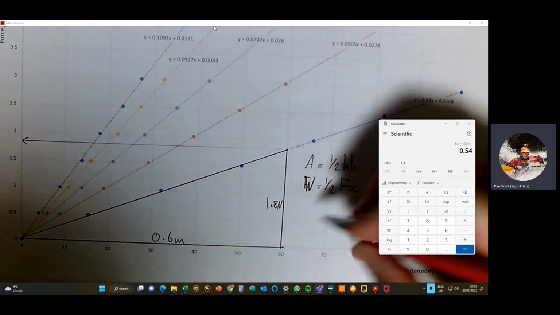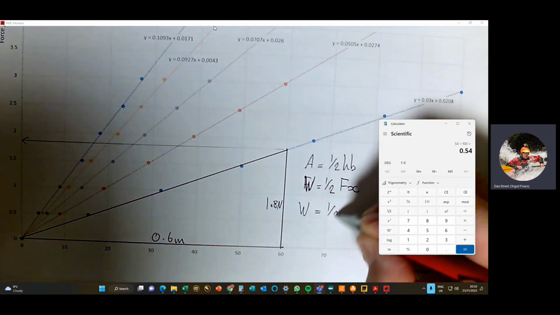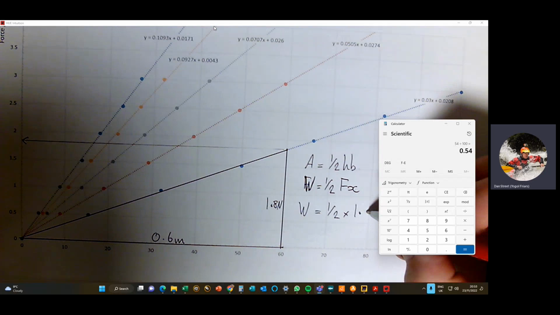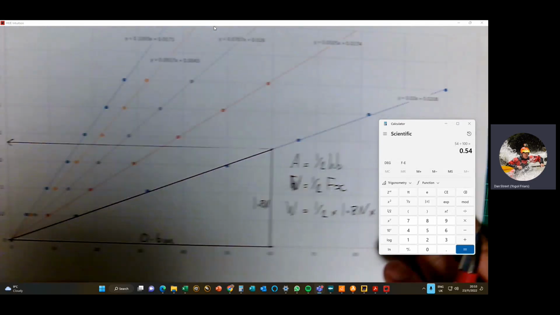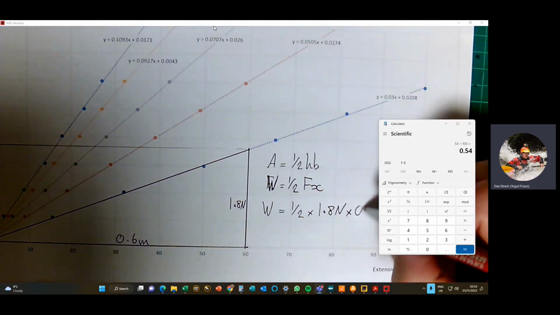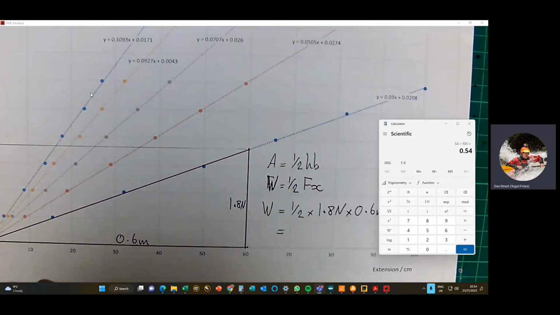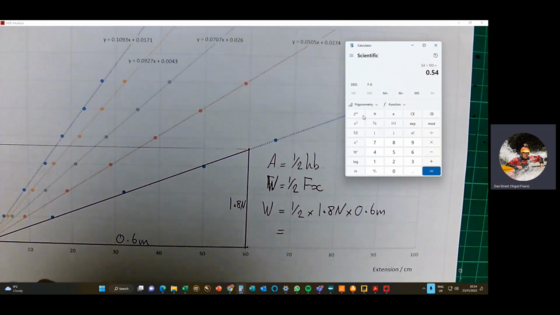So if we actually plug those numbers into our formula, it's a half times the force, which is 1.8. We don't need to convert that because it's already in newtons, times the extension, which is 0.6 meters. We've got to convert that because everything has to be in meters. And if we put that into the calculator, a half is the same as 0.5.